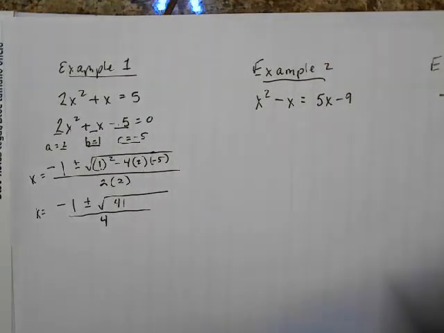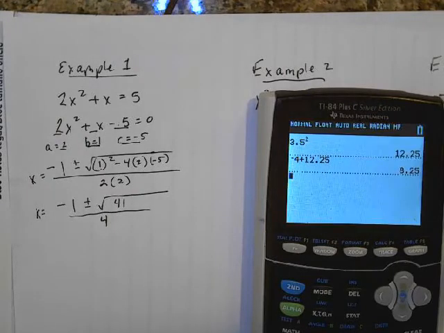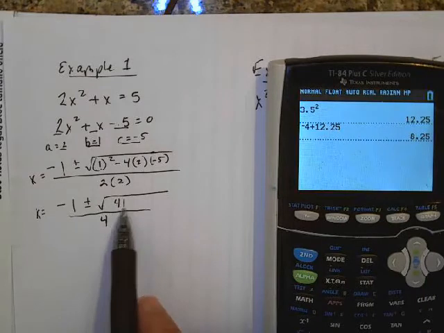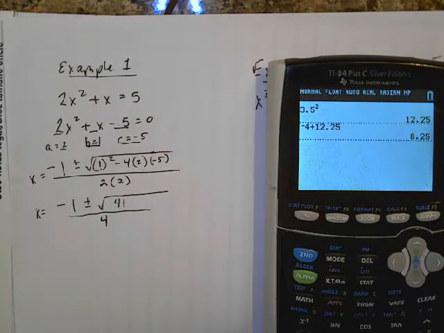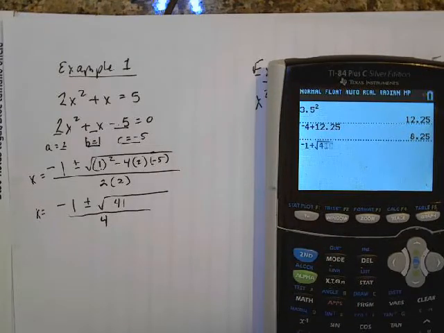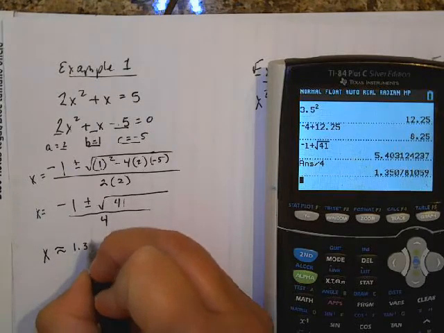I'm going to go ahead and put that in my calculator so I can just get an estimate of what the number actually is. Okay, so the top, negative 1 plus square root 41 equals, divide by 4. So x is approximately 1.35.